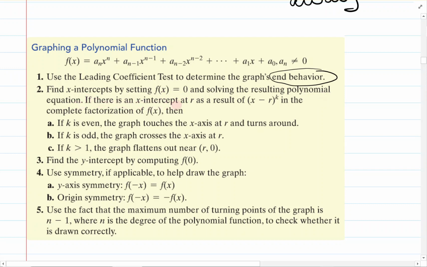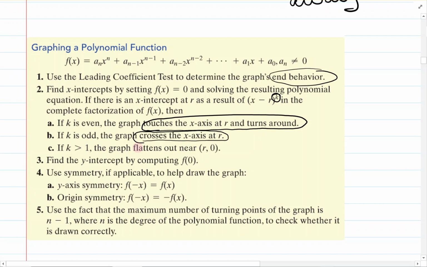If there is an x-intercept at r, remember, k is the multiplicity of root r. If k is even, it touches and turns around. In other words, it bounces away. If k is odd, it crosses, passes through.